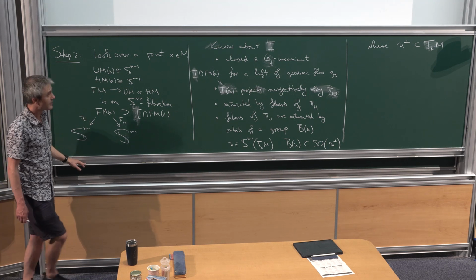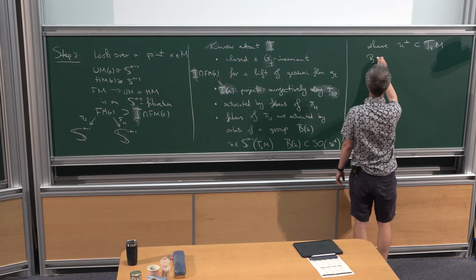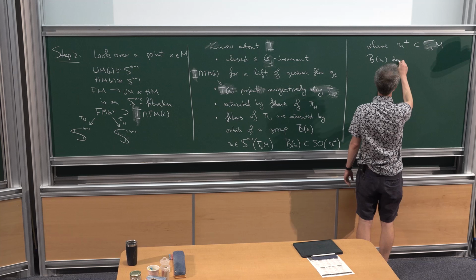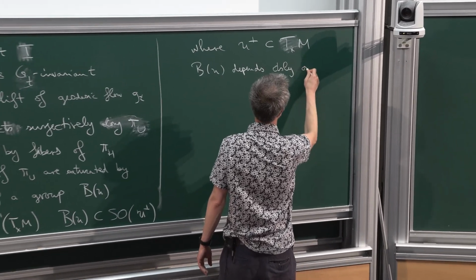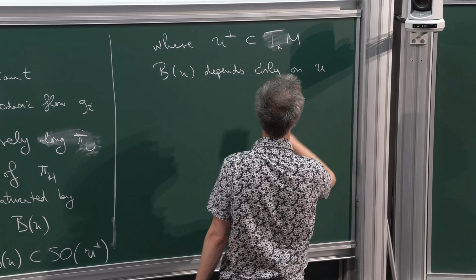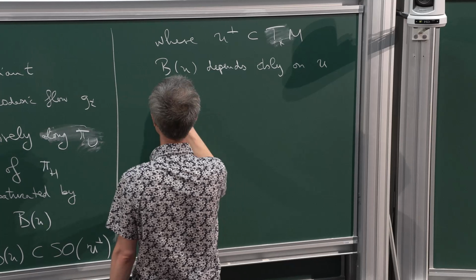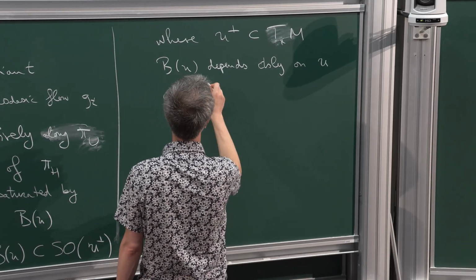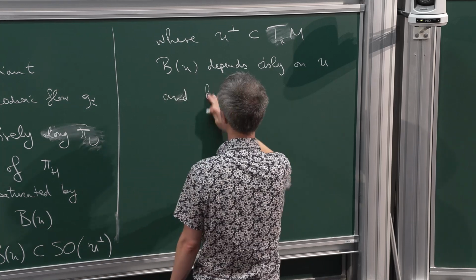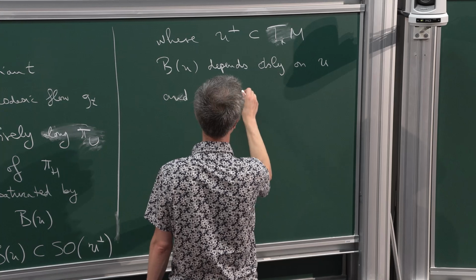So this BU depends continuously on U in this unit sphere, and is quite large.